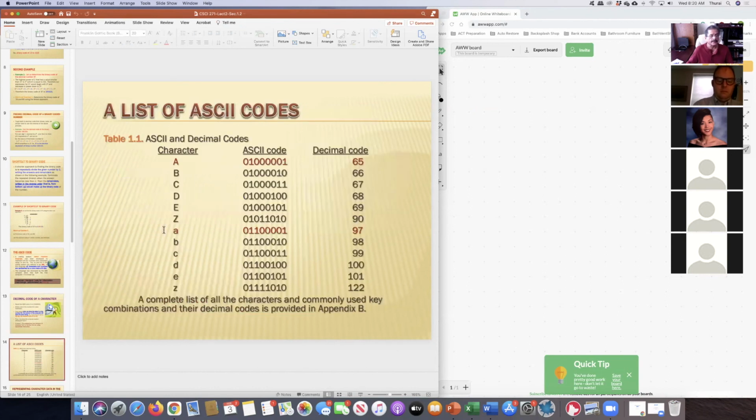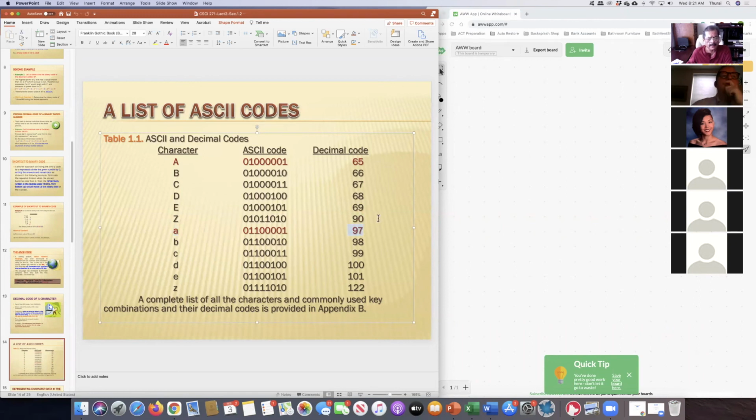Let me show you now some of these ASCII codes. The characters A through Z, uppercase, have codes from 65 to 90. These are called the decimal codes of the characters A through Z. Sorry, I misspoke earlier: 65 to 90 correspond to A through Z uppercase, and lowercase a corresponds to 97.